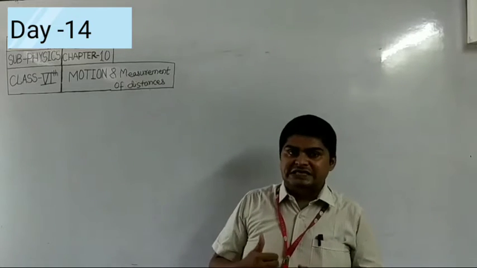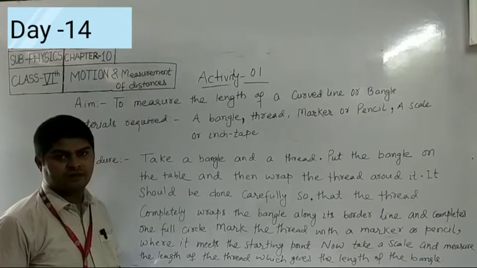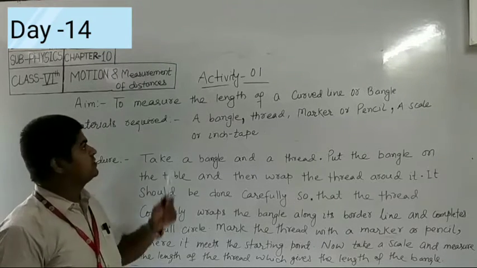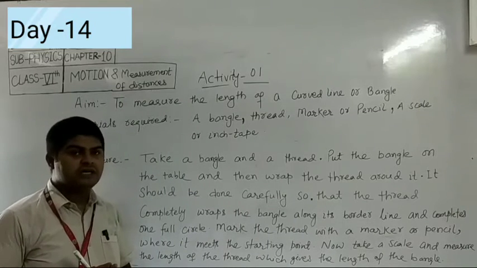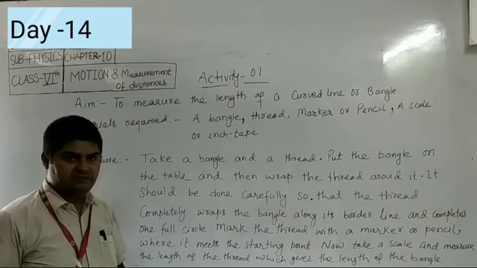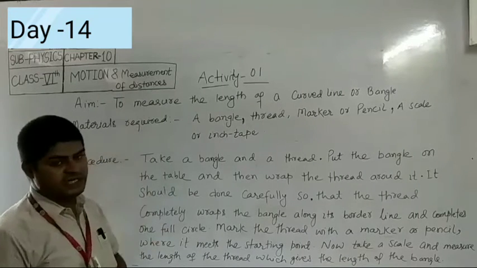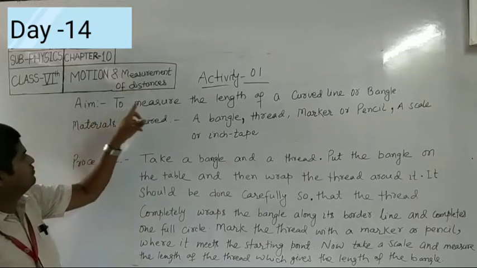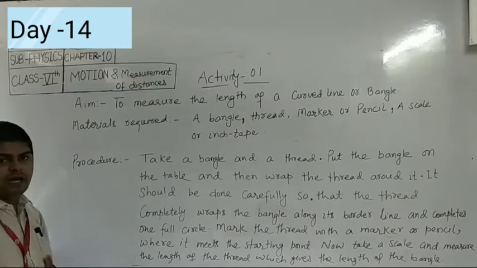Okay, so let us see how you will do this activity. Students, today's activity is Activity 1, which is related to chapter 10, Motion and Measurement of Distances. The aim of this activity is to measure the length of a curved line or bangle.